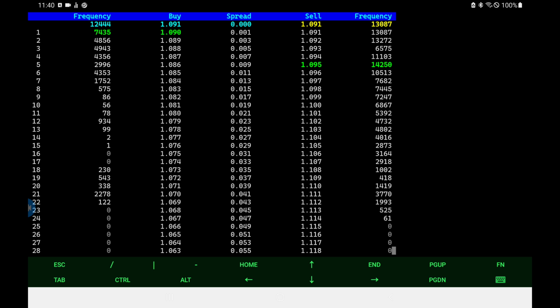Now, what happens if we take volume and frequency and combine the two to a single weight? Well, that's what we get when we press the W key or when you bring the program up by default.